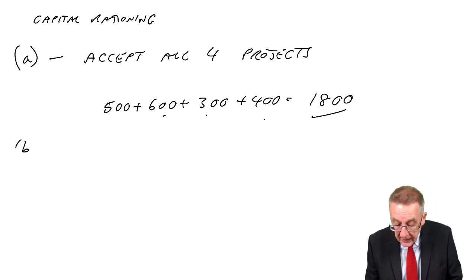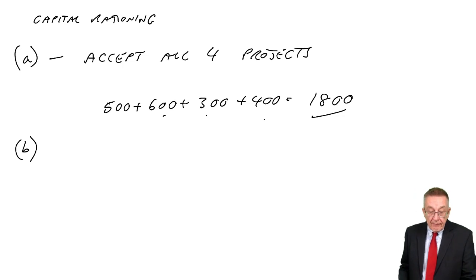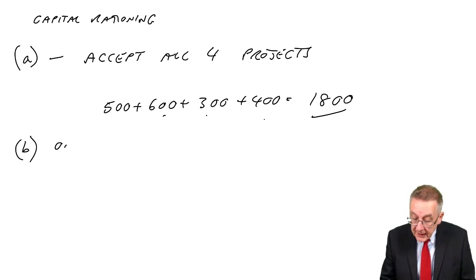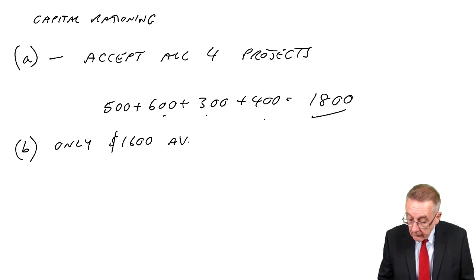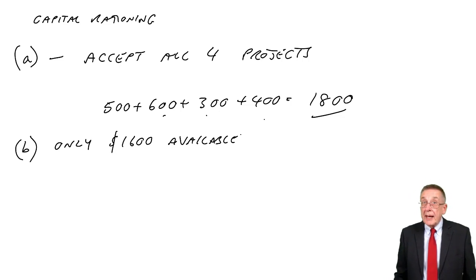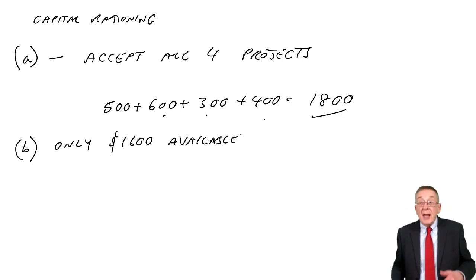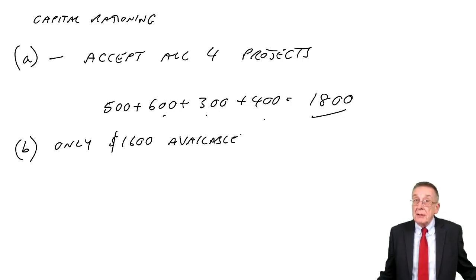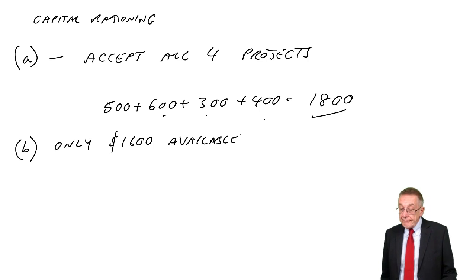But our problem is when we come to part B. There's only 1,600 available. Clearly we can't do all 4, so the question is, how am I going to invest the 1,600 to get the best total NPV?